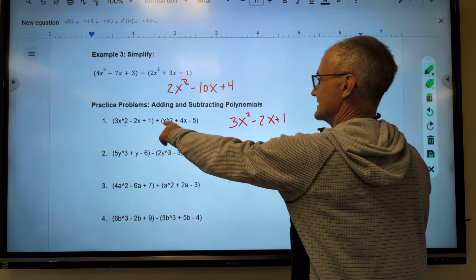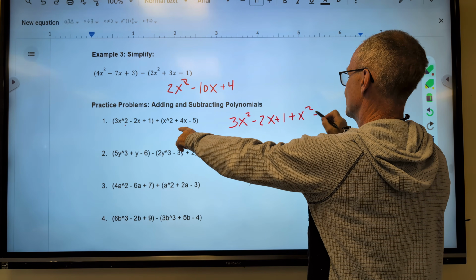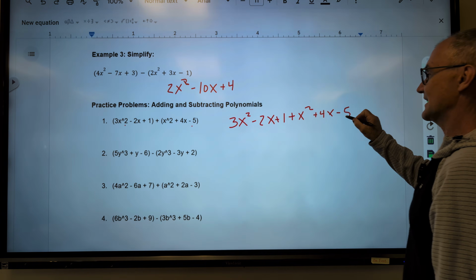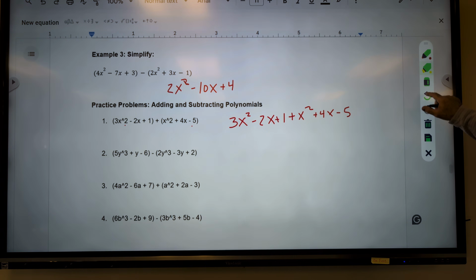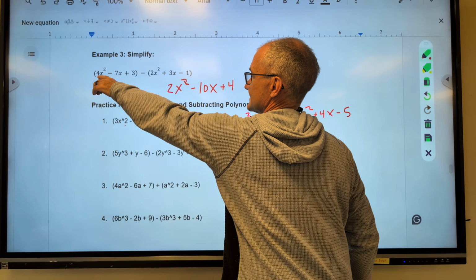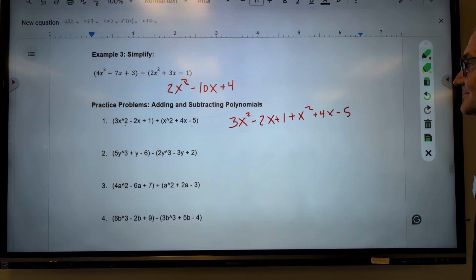And then same thing here, plus an x squared plus a 4x, minus a 5. It's a little change in notation there. They mean the exact same thing. 3x to the squared is like that 4x squared there. Okay, again, pause the video, do these practice problems.